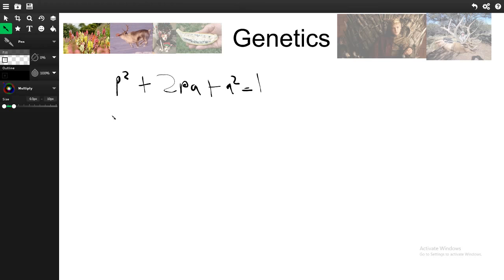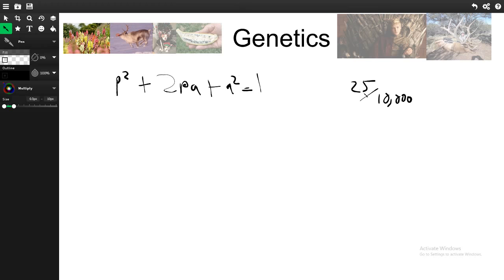Let's say our population size is 10,000, and let's say that 25 out of the 10,000 individuals have red noses. What would be the predicted frequency of heterozygotes in this population? That is the question.